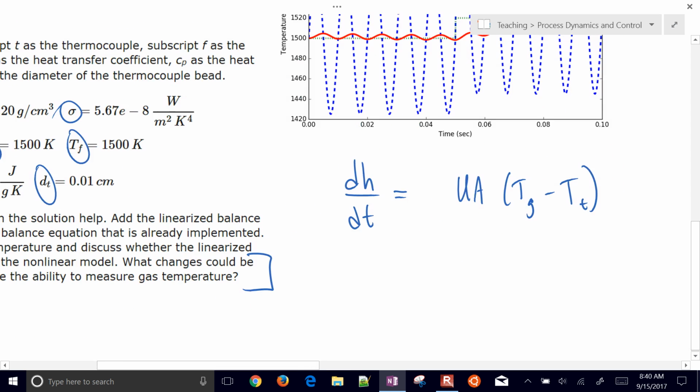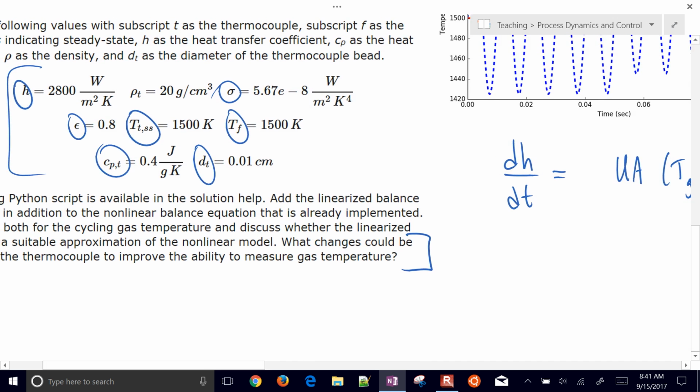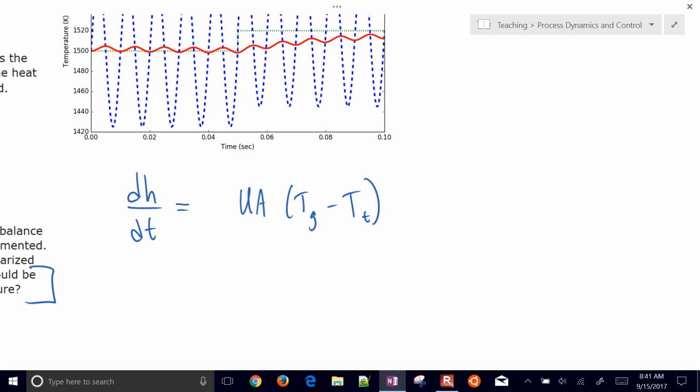And I think down here I actually said that was an H, this overall heat transfer coefficient. So let's just change that to U instead. Okay, so UA. This is my convection right here, my energy that's being transferred into or out of this thermocouple bead due to a difference in gas temperature and the thermocouple temperature.